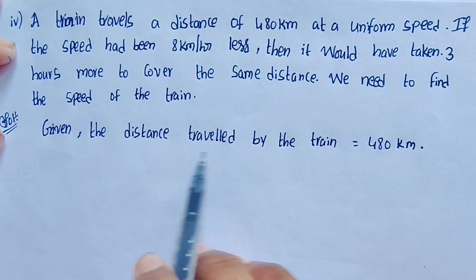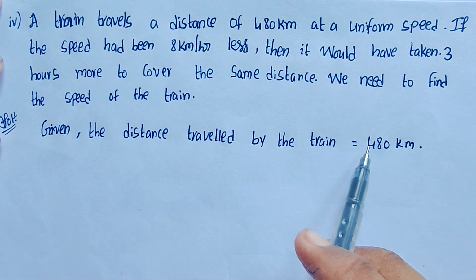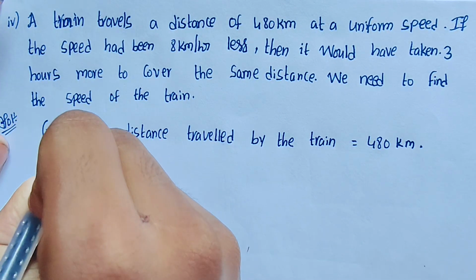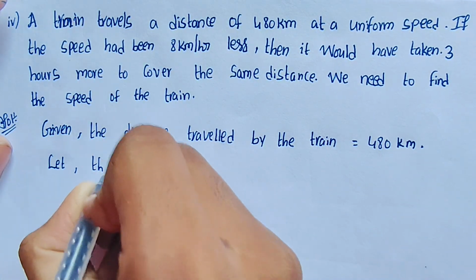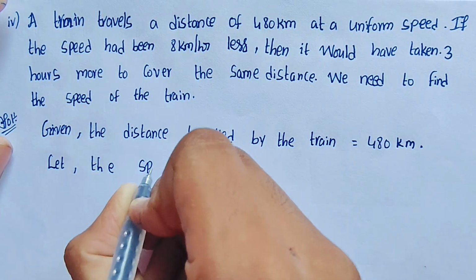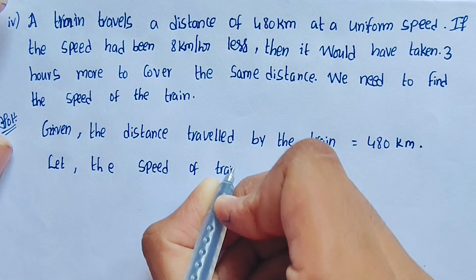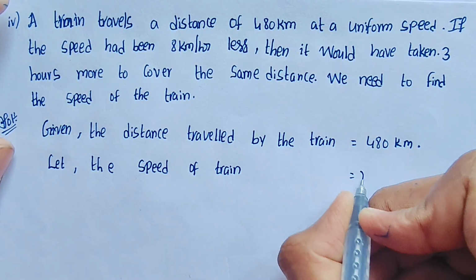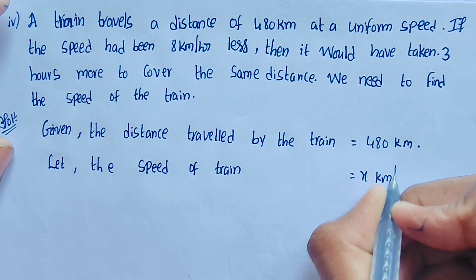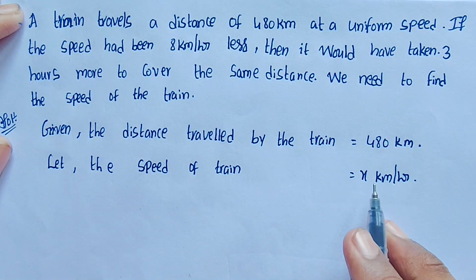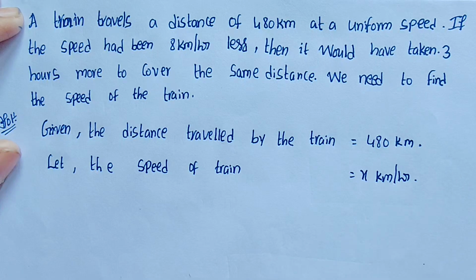So the distance traveled by the train is 480 kilometer. Let the speed of the train equal x kilometer per hour. The speed of the train is x kilometer per hour.